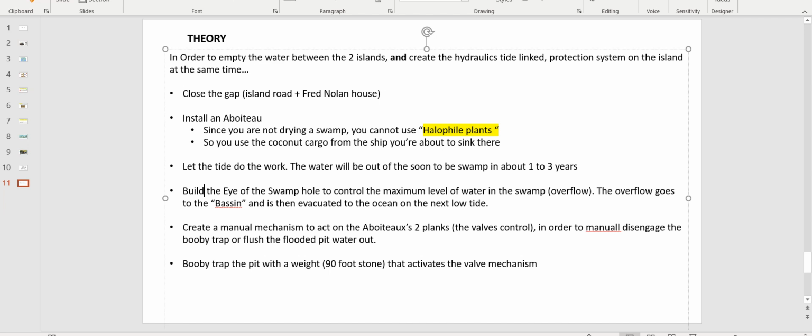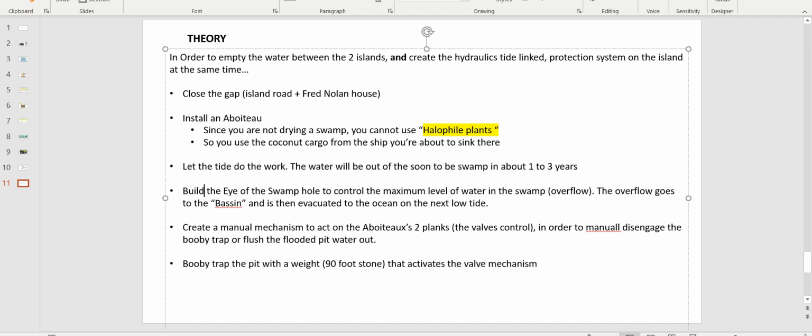So you build the eye of the swamp hole. That's why it exists. It's the overflow so that your swamp doesn't get flooded year after year by rainwater or anything that could, at the end of the day, just make it too big, too high. That's what I believe about the eye of the swamp.